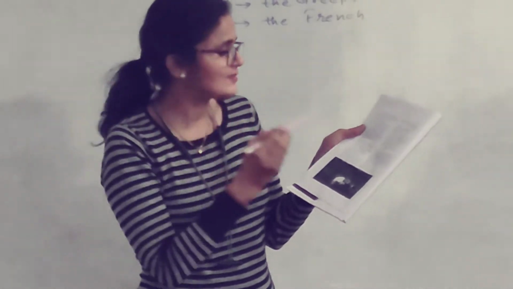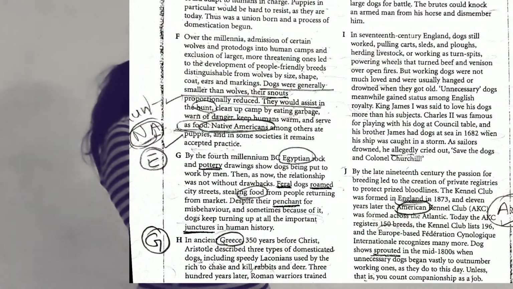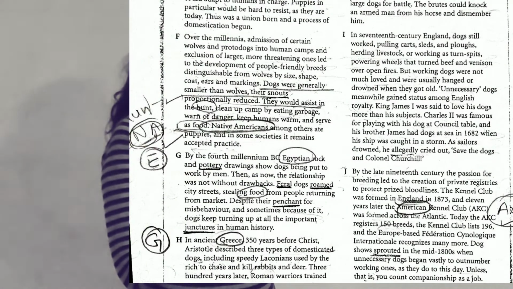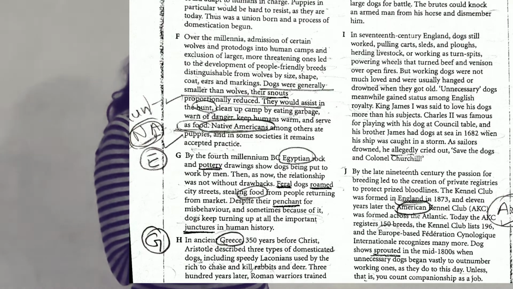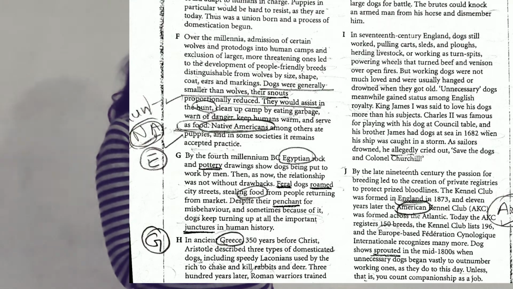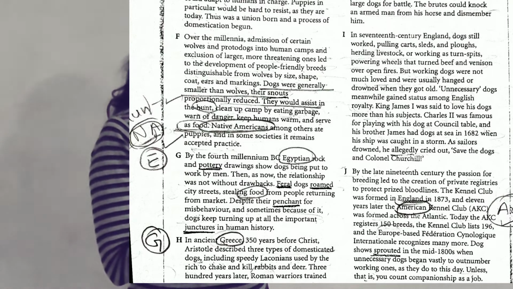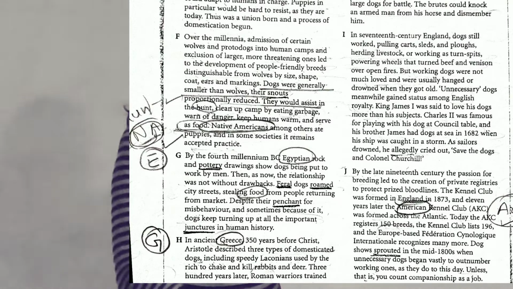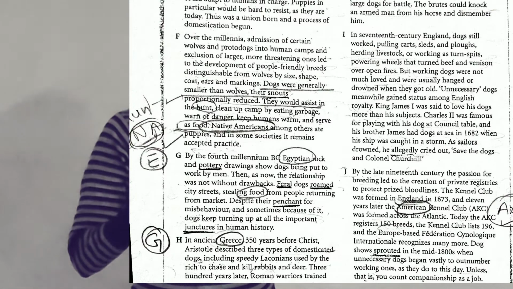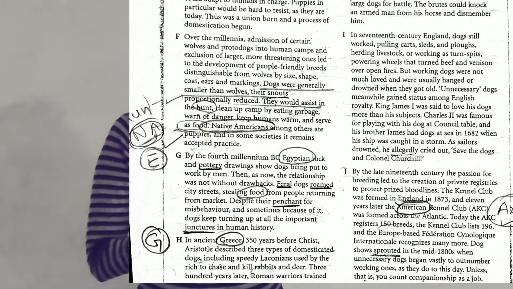Now leave Egyptians. Let's go to Greece. Three hundred fifty years demonstrated. Okay. Described three types of domesticated dogs, including the speedy, used by the rich to chase and kill rabbits and deer. Means they were using dogs to kill rabbits and other animals.